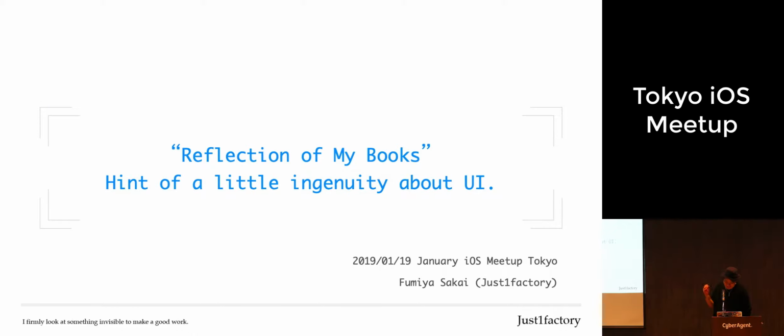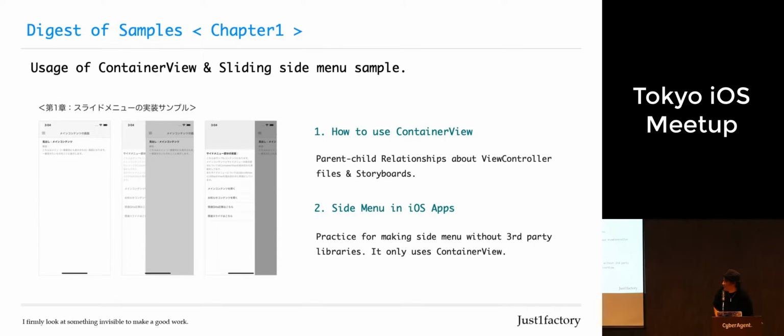Chapter 2, hint of a little ingenuity about UI. Digest of samples. Chapter 1 is the usage of container view and a sliding side menu sample. So it's a demo. Please wait a little time.